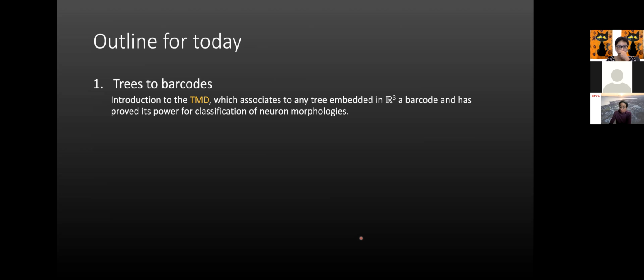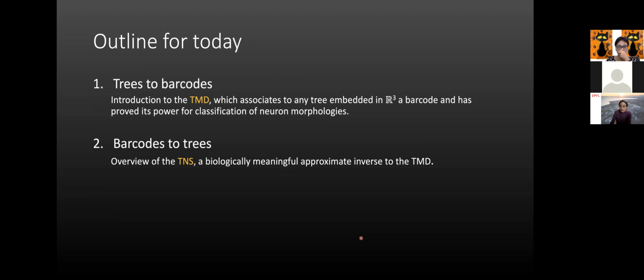In the second part of the talk, I'm going to explain how one can go back, start with a barcode, and synthesize, in a reasonable and biological way, in a way that's relevant for talking about neurons, different kinds of trees embedded in 3 space from barcodes. Solving inverse problems is, in general, something people are interested in doing, and it's often a much harder problem than doing the opposite.